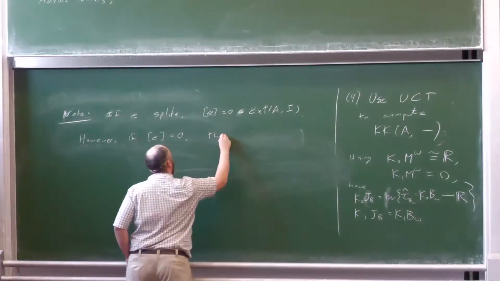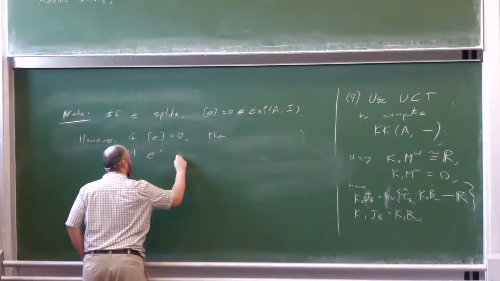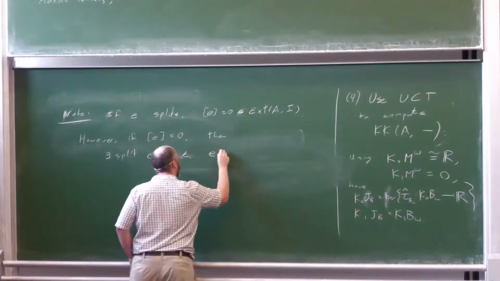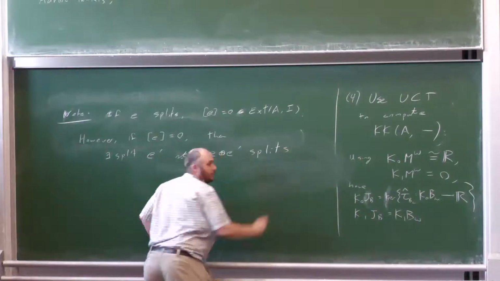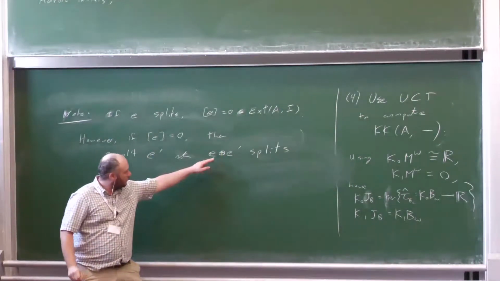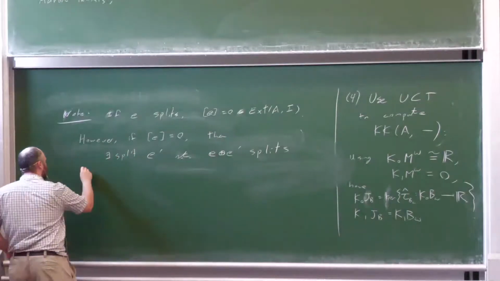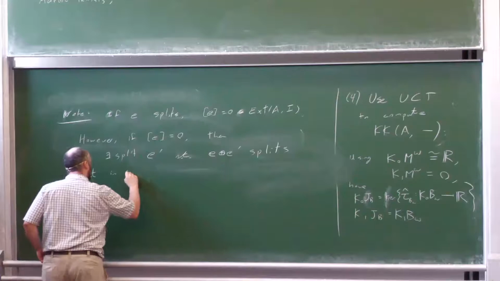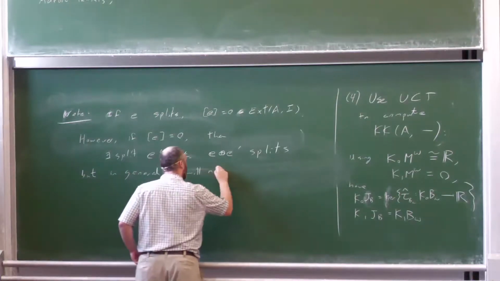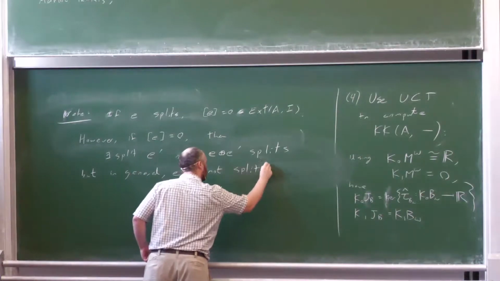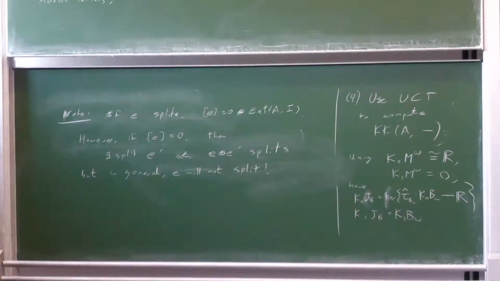If the class is 0, then there exists a split extension so that E direct sum this other extension splits. But the second term splitting and the direct sum splitting does not actually imply the first term does. It's annoying, but it's the way it is.